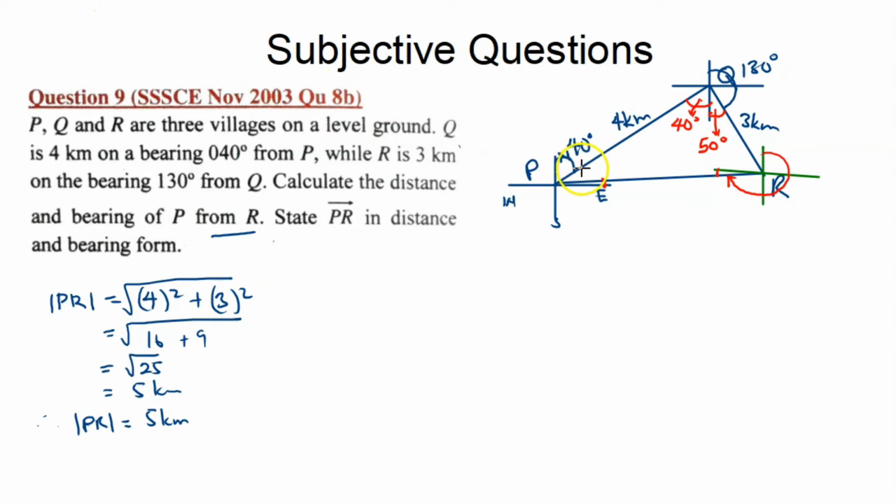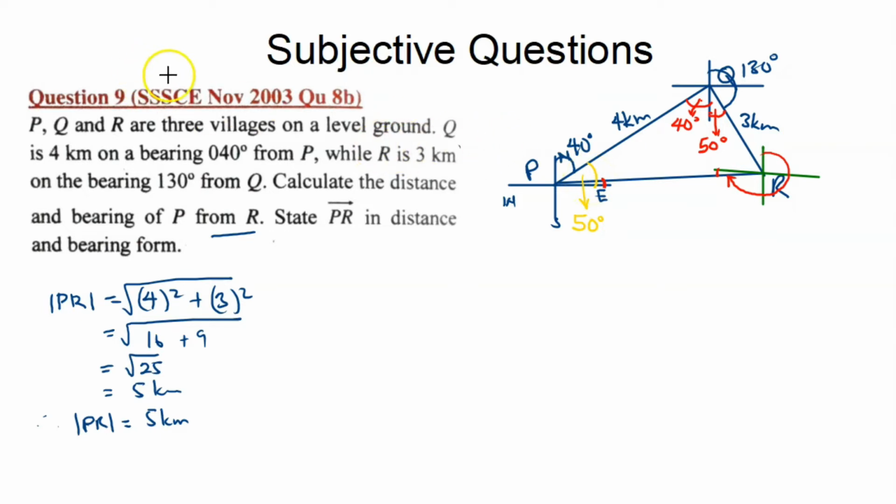Let me use the yellow marker to show the angle I'm talking of. So the whole of this angle here to the east post of P will actually give me a total value of 50 degrees. Since between the north pole of P and the east pole of P, the total angle is 90. So if part of it is 40, then the remaining angle must be 50.